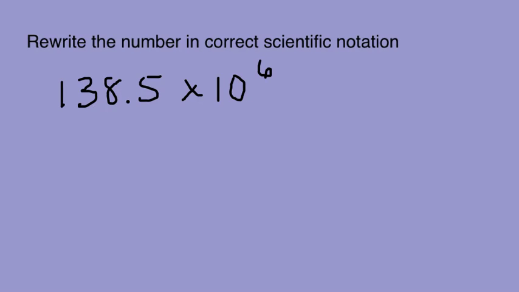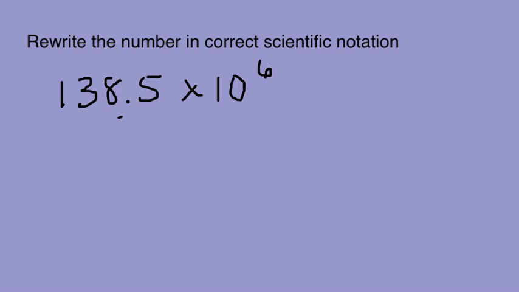Now I look at my answer. Is this new number in correct scientific notation? Remember, our rule says it can be 1 or greater than 1, but has to be less than 10. Well, this number obviously is not less than 10, so now I have to rewrite it in correct scientific notation.